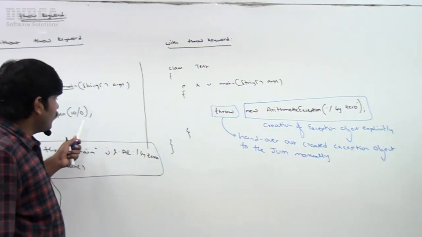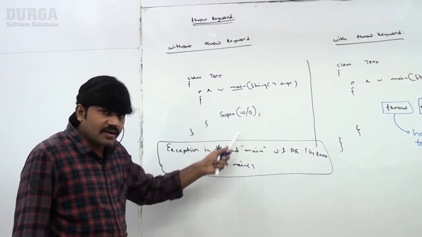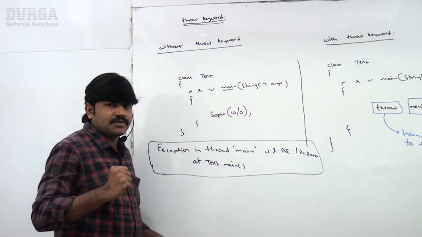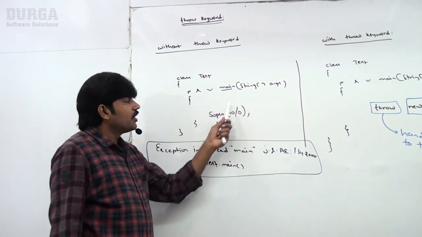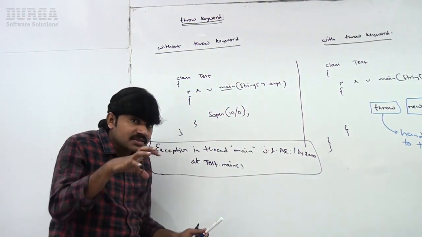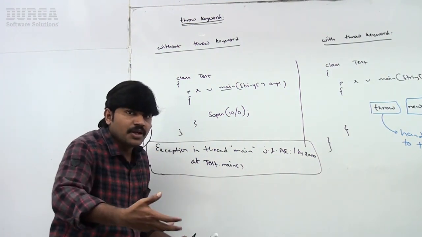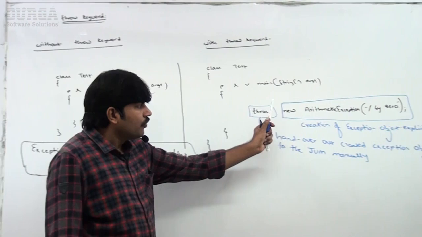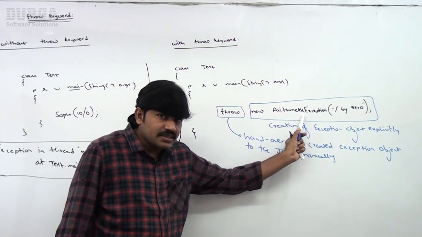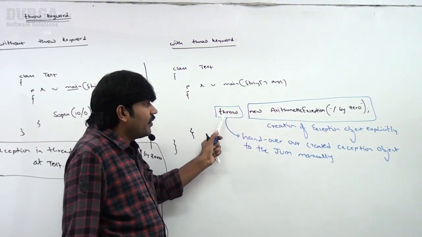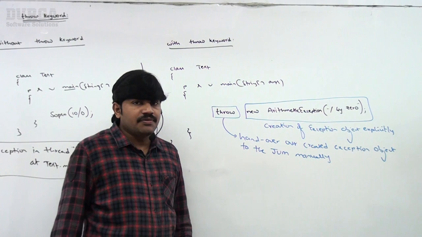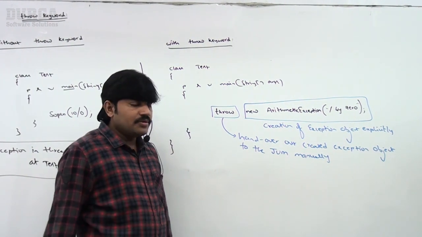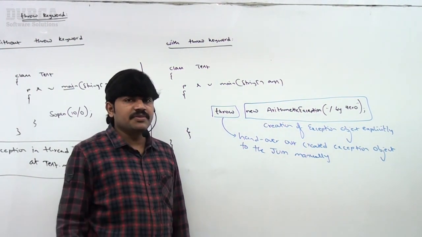In the earlier scenario, everything happens internally. Creation of exception object, handing over to the JVM, everything happens internally. But the same activity I am simulating by doing that work on my own. We are creating the ArithmeticException object, and we are handing over that exception object to the JVM. Now the JVM is coming.